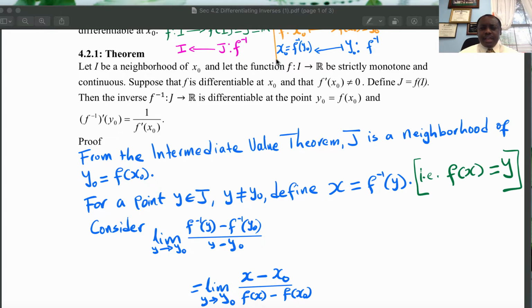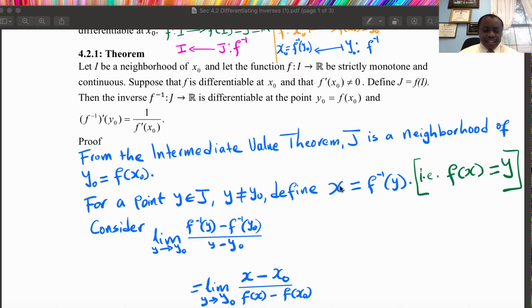Now, recall that f goes from I to R and f inverse goes from J to R, where we know that J equals f of I. So if I pick any x from I, f of x equals y, and this y is going to be in J. So since f inverse exists, if f of x equals y, I can see that x equals f inverse of y.